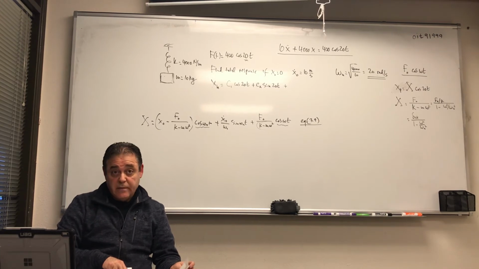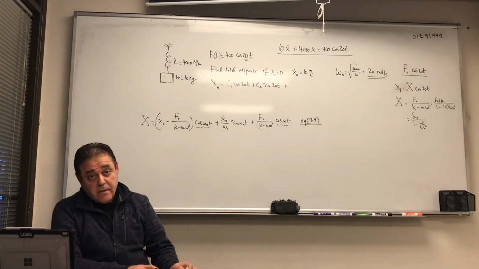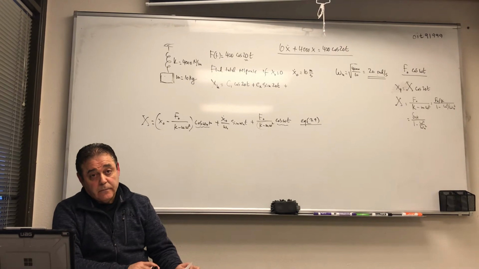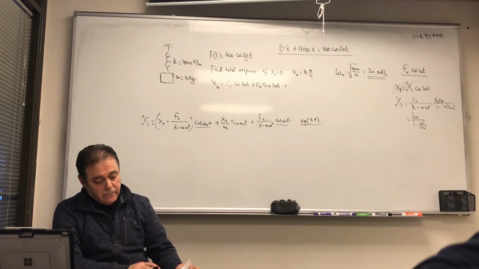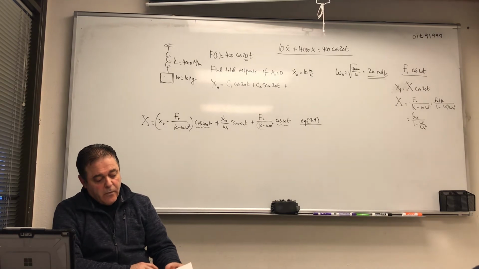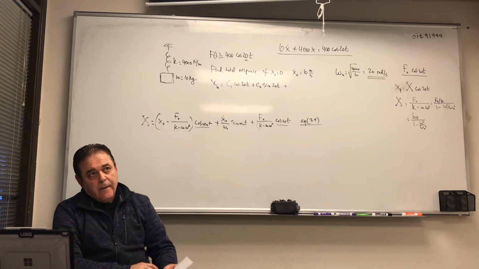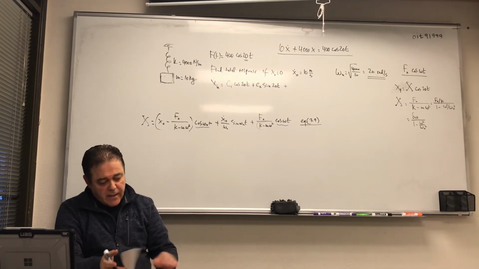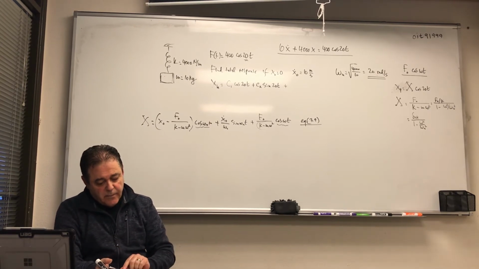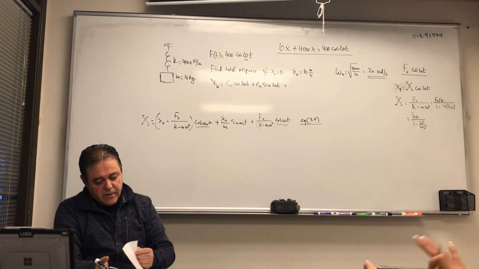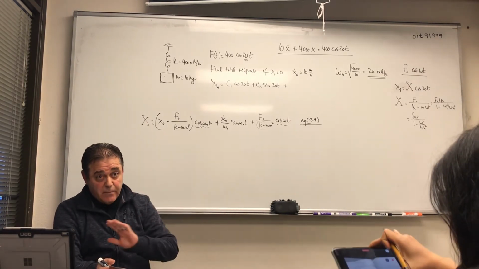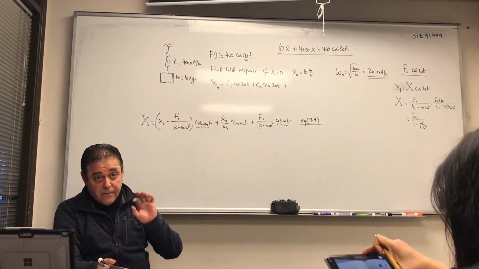No. Why? Because 3.15 is just a version of 3.9, which is your x_h plus x_p, when omega over omega n is 1. 3.9 is the general equation, right? It's applicable to everything, technically.